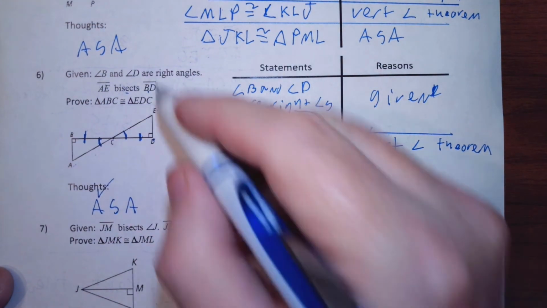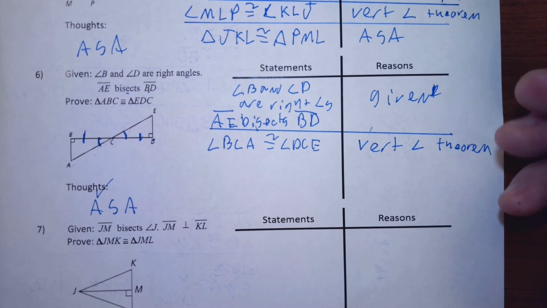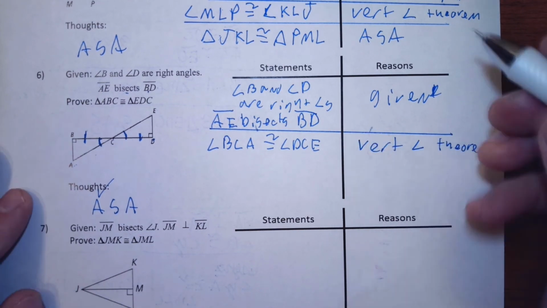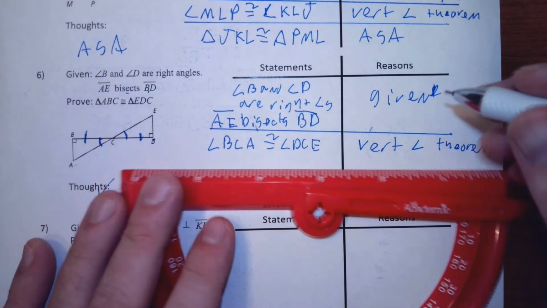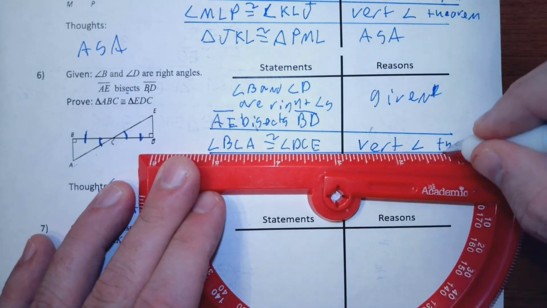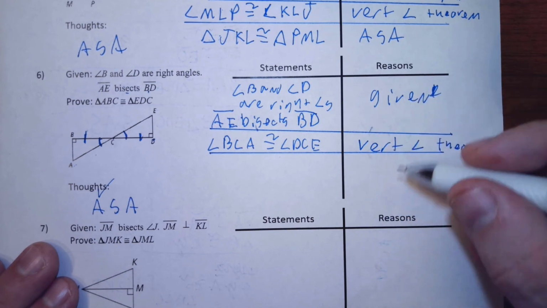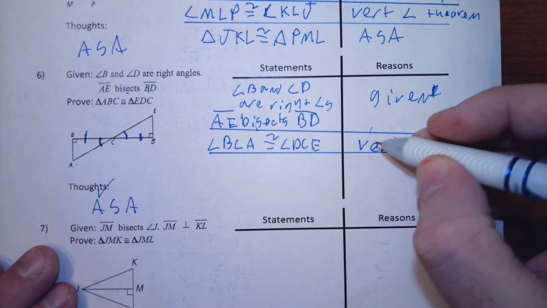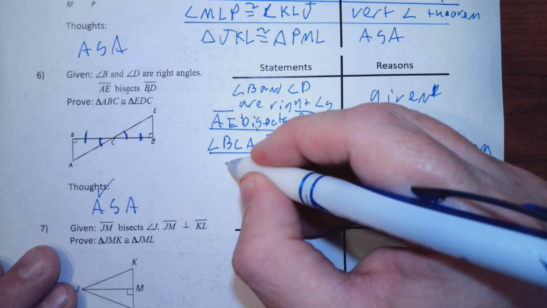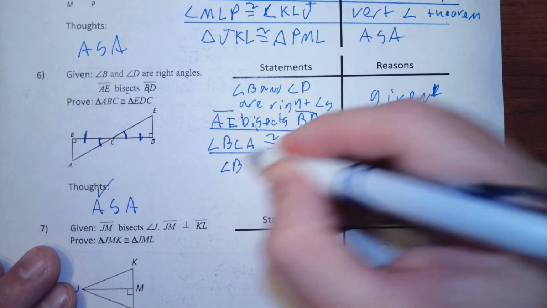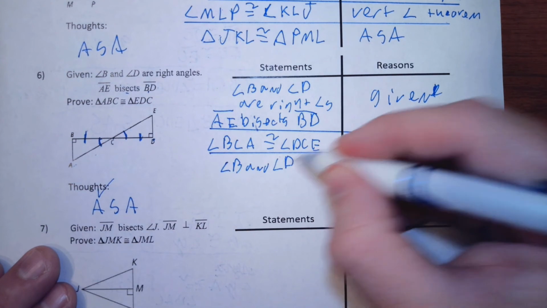Well, we're going to have to make actually a statement about right angles because we're not using... we're going to have to make a statement here. And we did that earlier. So basically we're going to write angle B and angle D are congruent.